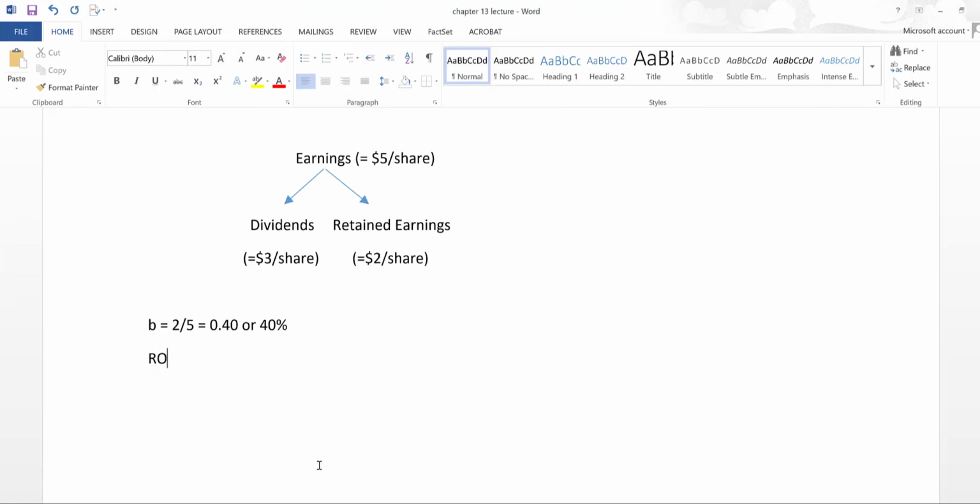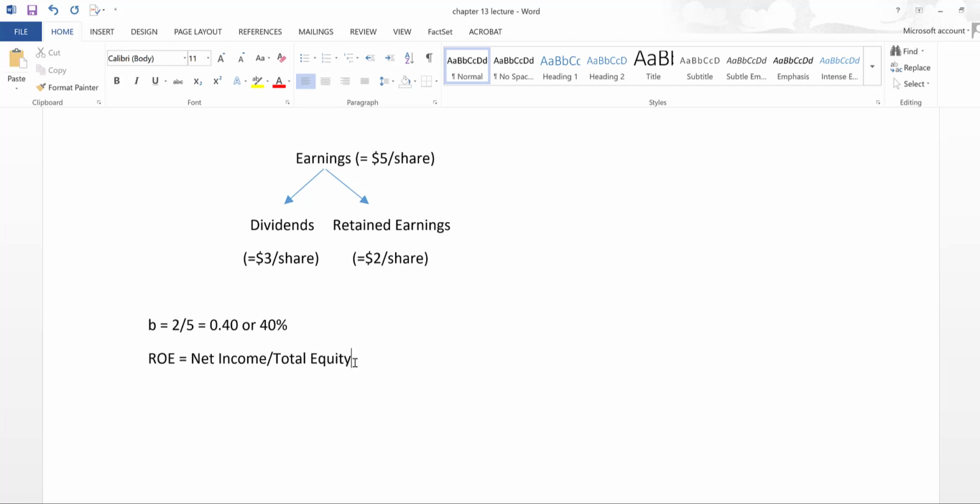If you recall from your accounting classes, return on equity is net income over total equity, right? So this is a proxy. This is the return that the shareholders expect on their investment.